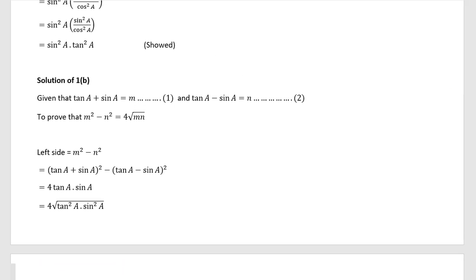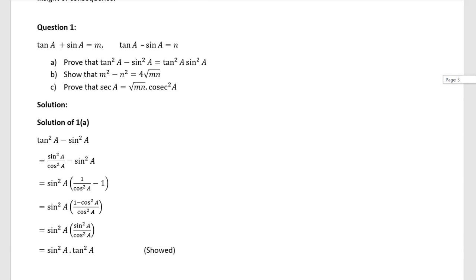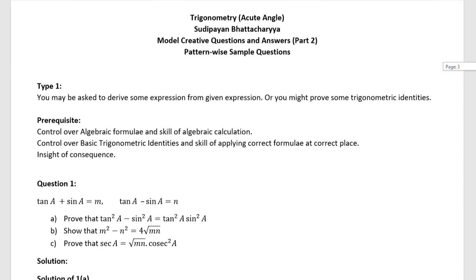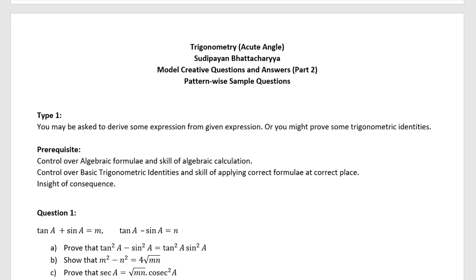all for today. We will discuss another type 1 problem in our next class. Up to then, I suggest you open your book and find some model questions and solve them by yourselves.